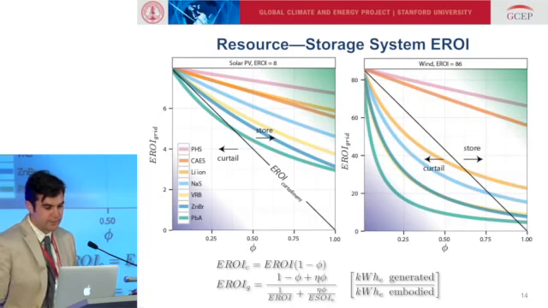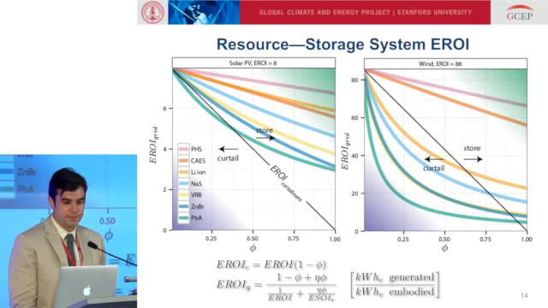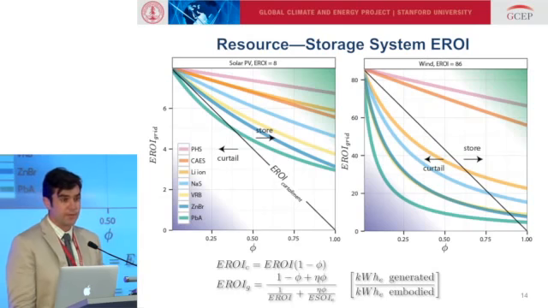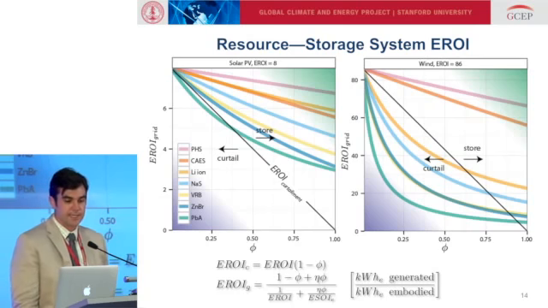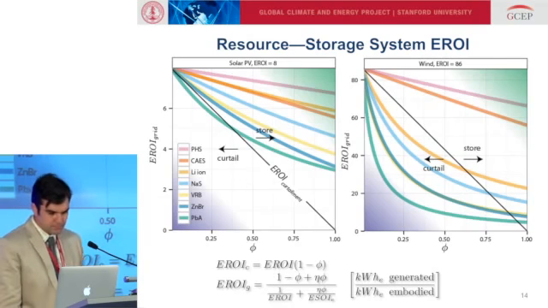Now here are the results from these 2 equations. There are 2 plots here, and this shows again the grid scale energy return on investment value. The plot on the left is for solar PV. The plot on the right is for wind technology. The y-axis shows the grid scale EROI, and the x-axis is the fraction of energy that passes through storage.